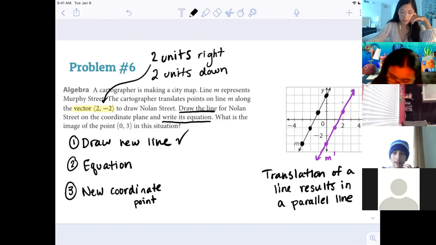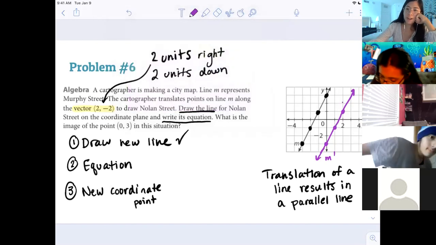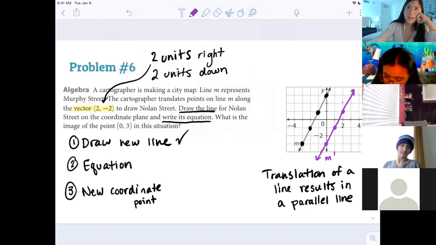We drew the new line. Now we need to write an equation for that line. This is where we go back to algebra and think about how to write an equation for a line. What is the general form for a linear equation? Type it in the chat if you know it.